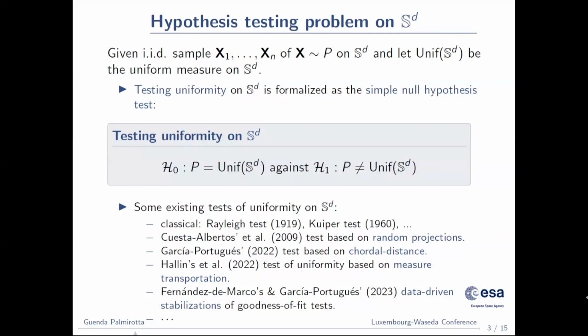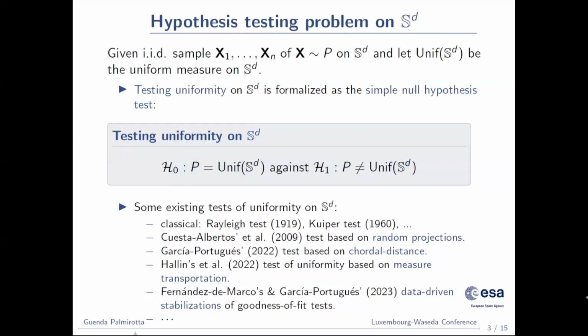And here I listed some well-known uniformity tests. You have the classical ones, with the Rayleigh test, Kuiper test, Watson test, etc. And these are more recent tests. You have a test based on random projections that was proposed by Cuesta-Albertos and others. A Cramér-type distance test was proposed at the ADISTA conference by Garcia-Portugues.